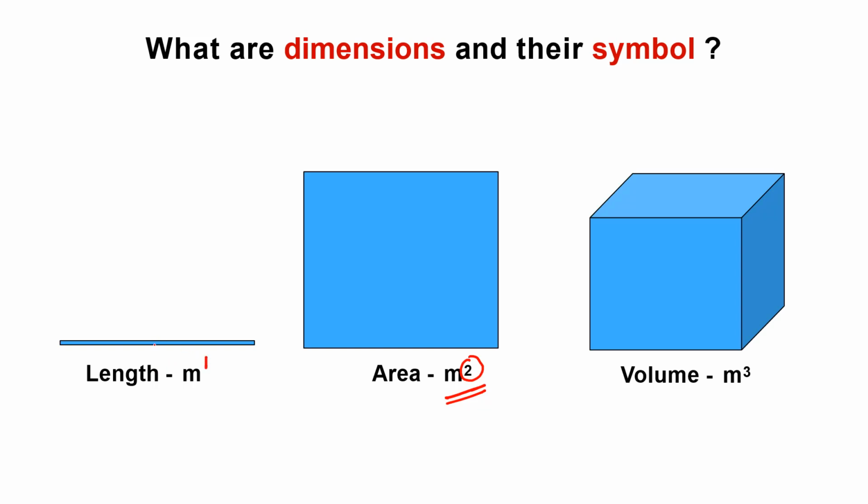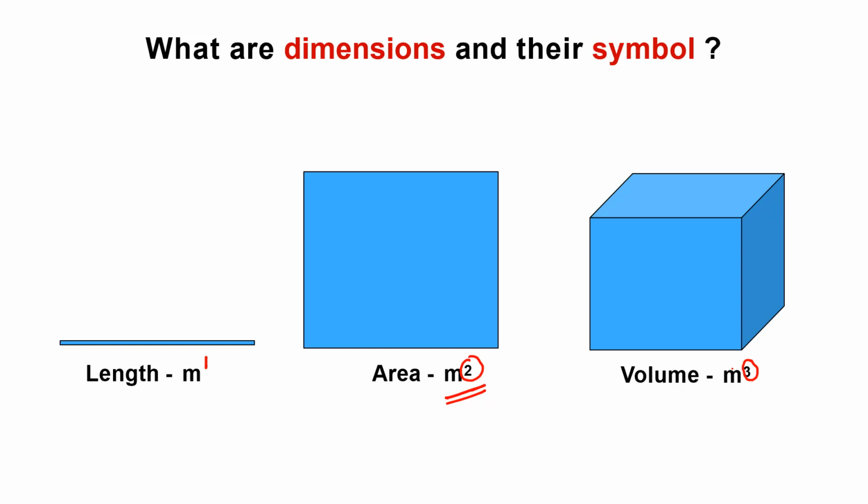That's why it is a one-dimensional quantity. Whenever I'm finding the area, I use the exponent 2, meter square, centimeter square. So this 2 represents that it is a two-dimensional quantity. Similarly, whenever I'm measuring volume, the exponent 3 represents that it is a three-dimensional quantity, because I need the length, the breadth as well as the height.